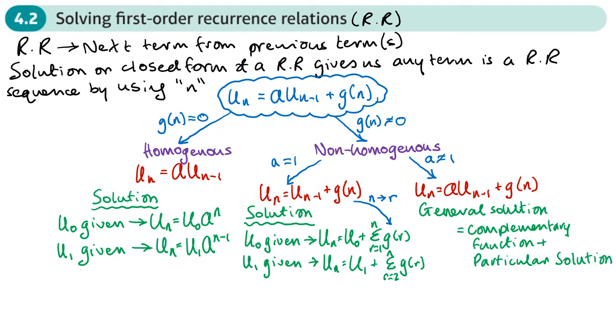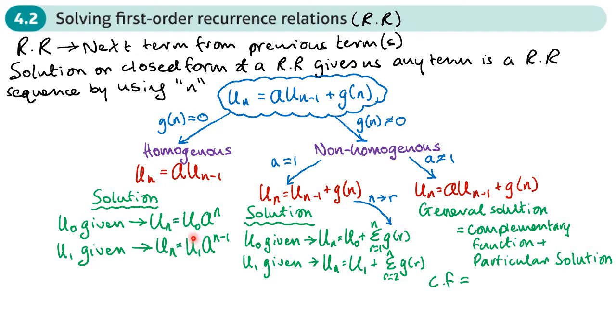So how do we find those two parts? Well, the complementary function will be the general solution to what we call the associated homogeneous recurrence relation. In other words, the general solution to this part. And how do we find a general solution to that part? Well, it's what we do over here, but it's going to be slightly different because we're not going to have u0 or u1.